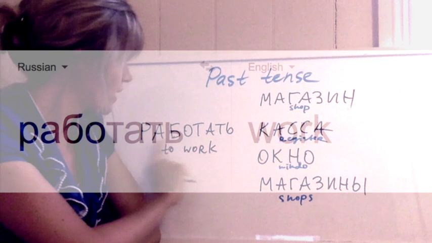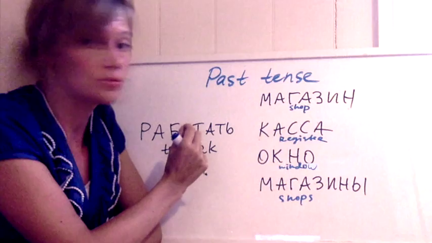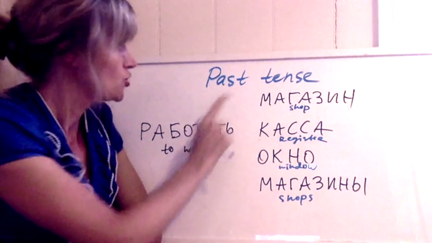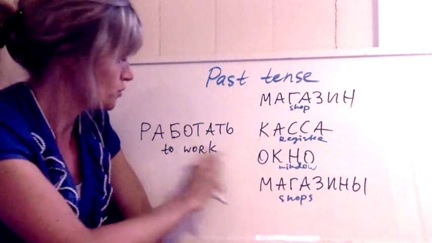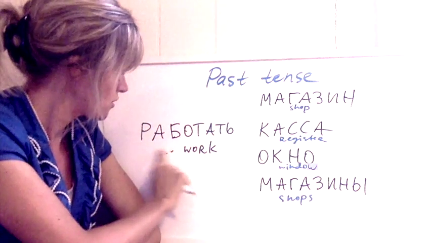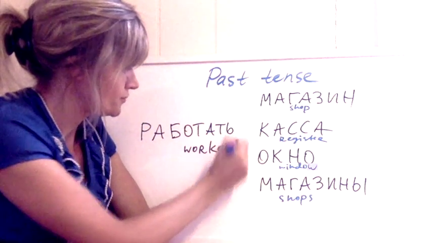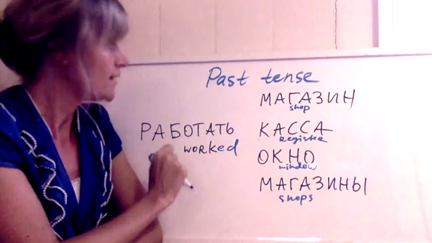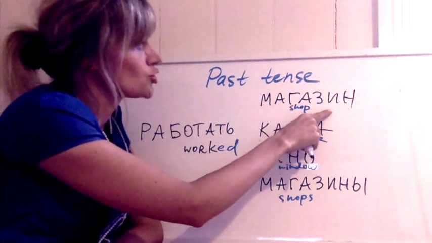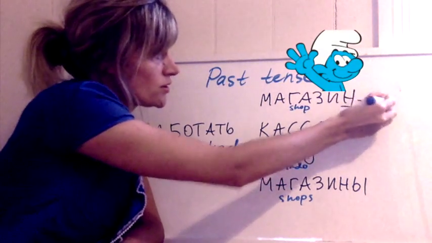Let's take verb работать, to work. We need to put it in the past tense. Shop worked, register worked, window was working, shops was working. What do you do in English? Worked. That's it. For everybody, the same. And in Russian, магазин, shop, it's a masculine gender consonant.